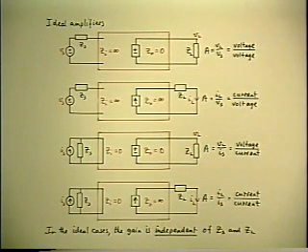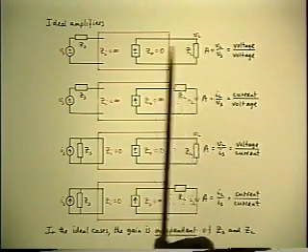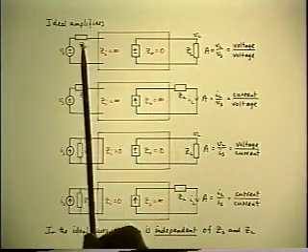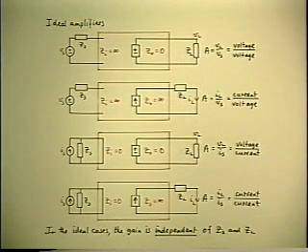So what is an ideal voltage to voltage amplifier? It's one whose gain could be written on a spec sheet that is independent of the terminations that someone else may put on it. Specifically, you would like the voltage gain, Vl over Vs, to be independent of the source impedance and the load impedance.